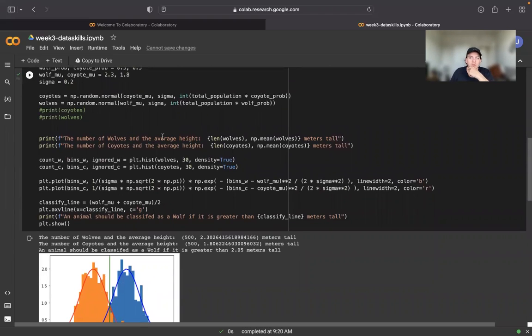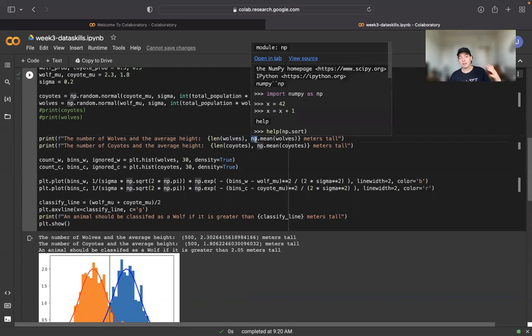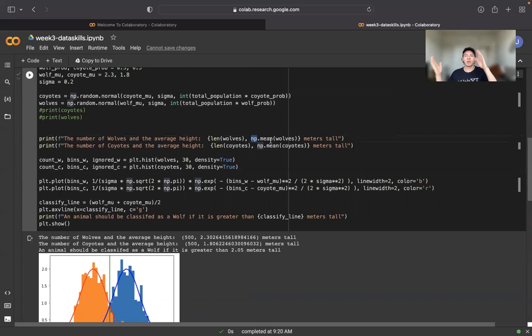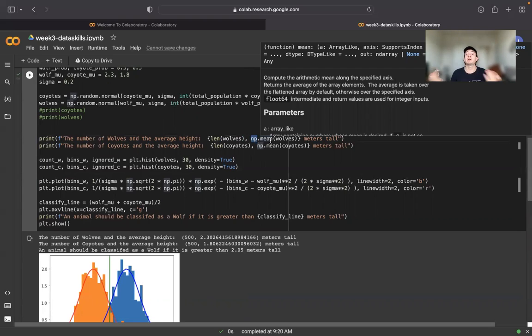The number of wolves and the average height of our wolves: we're going to do something called a length calculation. We take this array and see how many values are in it, which basically means how big the population is. Then we call an API from the NumPy library, which is the mean. We can do np.mean and pass in the array to get the average height of it.